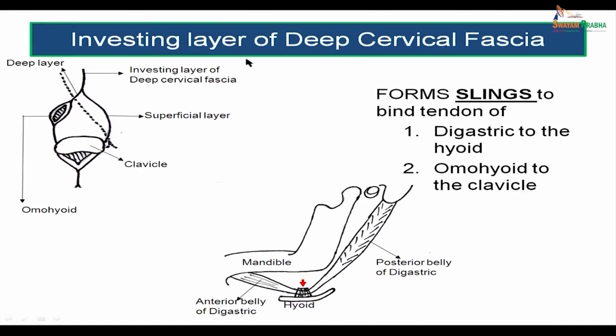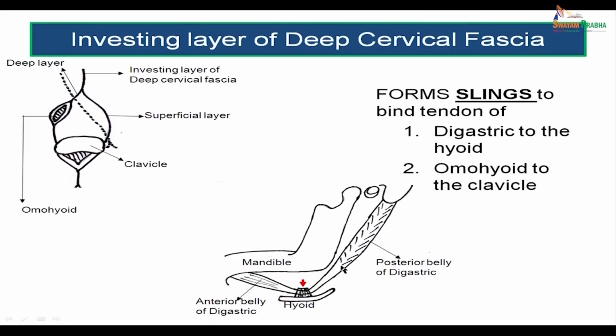The investing layer forms slings to attach two tendons, the digastric tendon and the omohyoid muscle. This is the mandible. Starting from under the mandible is the anterior belly of digastric from the digastric fossa, and this is the posterior belly of digastric attaching to the mastoid process.